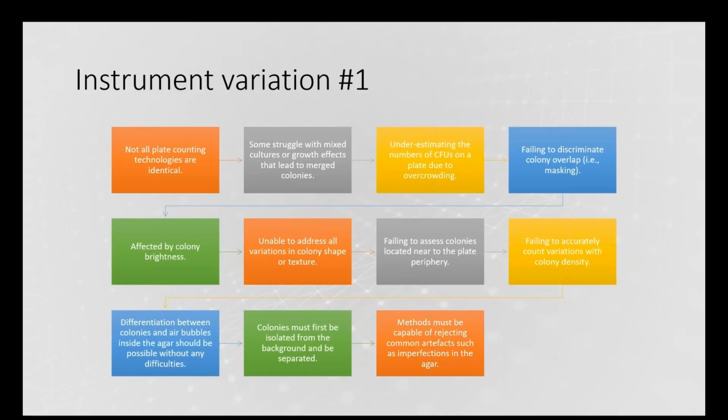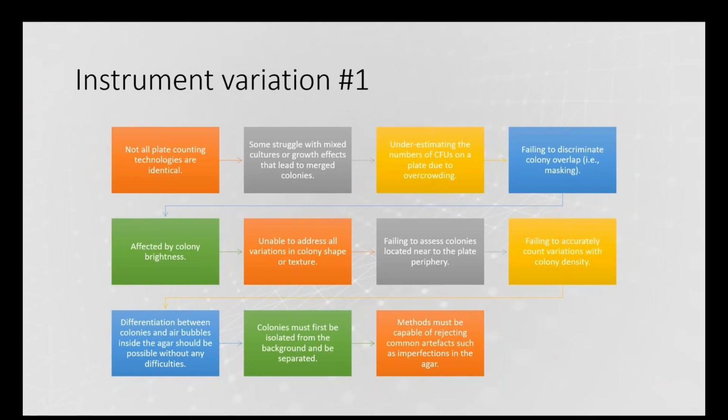Another problem is the failure to discriminate colony overlap, which can occur through things like masking, together with concerns about interpreting the degree of convexity, colour brightness, variations in colony shape, differences with colony texture and so on.